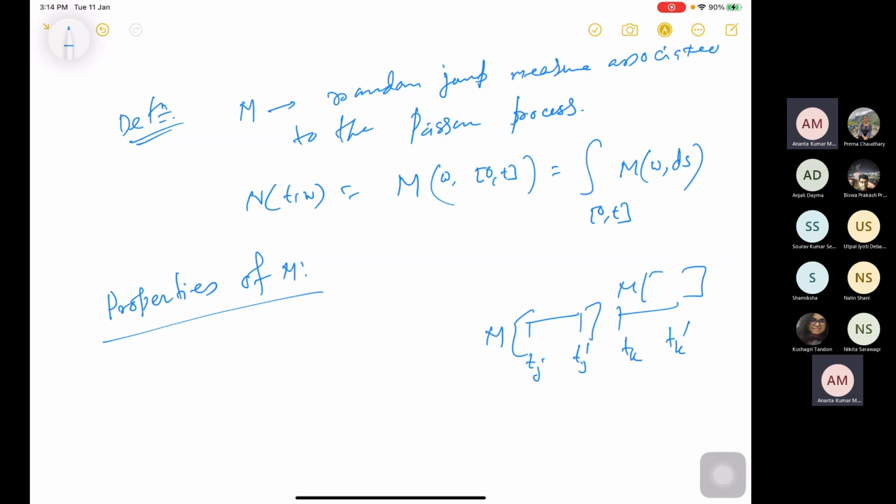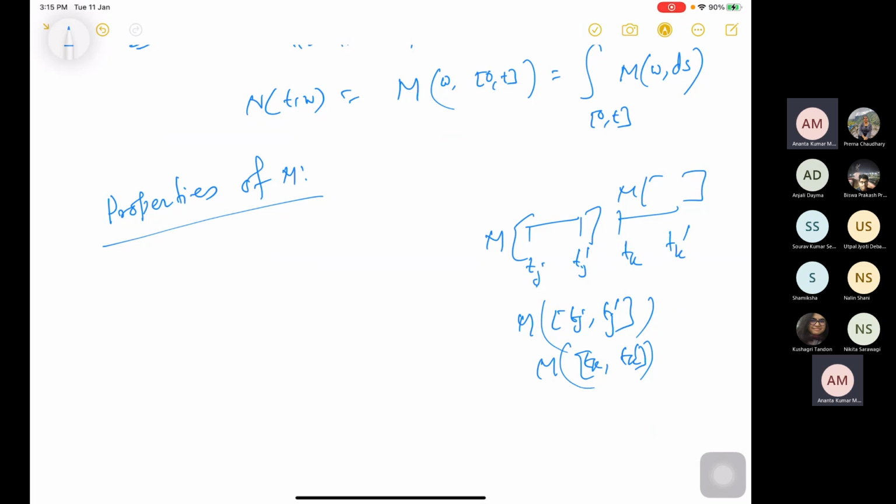For any two disjoint intervals tj prime and tk prime, M of tj to tj prime and M of tk to tk prime are independent, because these are Borel sets, and M acting on them is nothing but a real valued random variable. So they are independent if these intervals are disjoint.